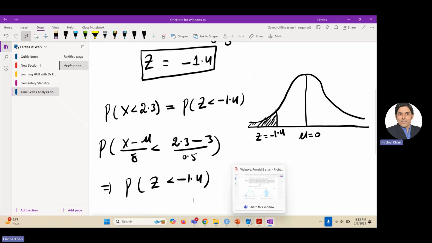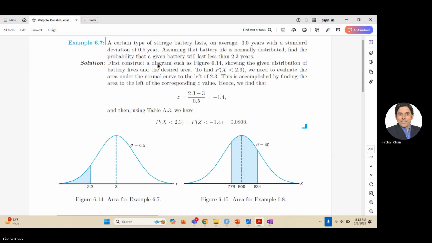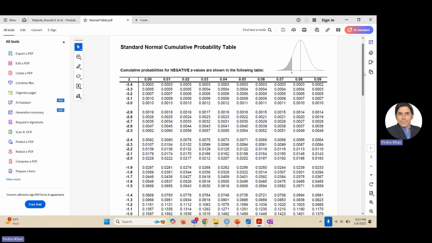Now we can use the table. It's a standard normal table. Now I need to explain how this table is constructed. Just look at this z. The z value is given here, starting from minus 3.4, and there are some values here as well, and these values are 0.00, 0.01, because the first value after the decimal is here.